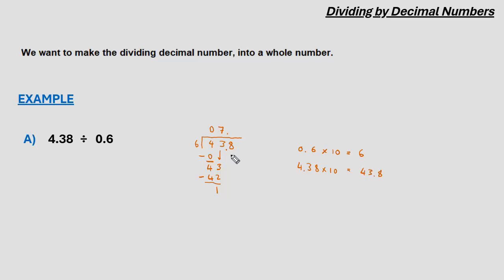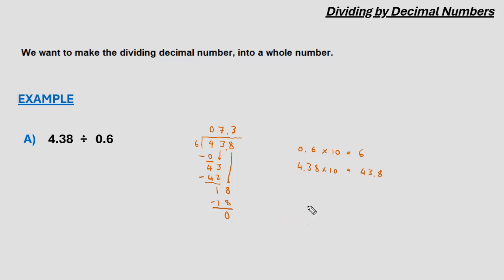So again, bringing the next digit down alongside the 1 gives 18. 6 goes into 18 exactly 3 times. So 6 times 3, as expected, is 18. Taking that away leaves 0 below, and we are done with our long division.